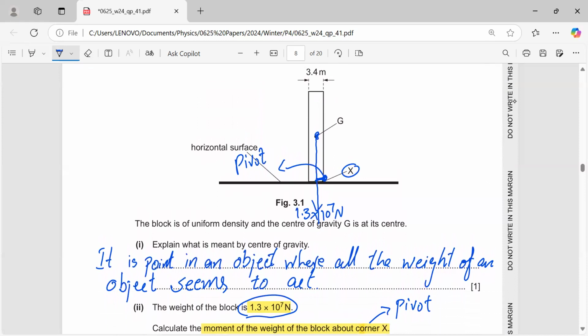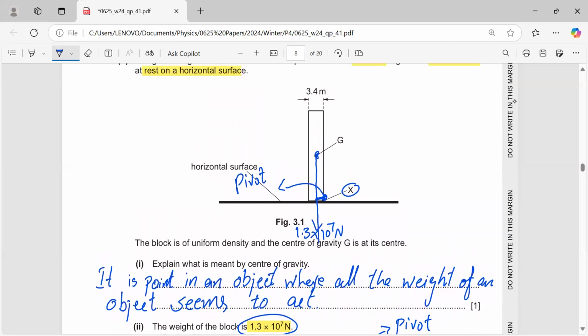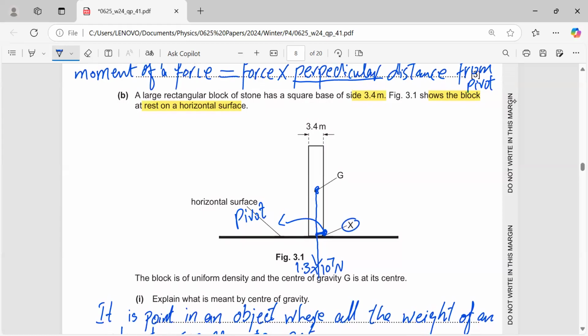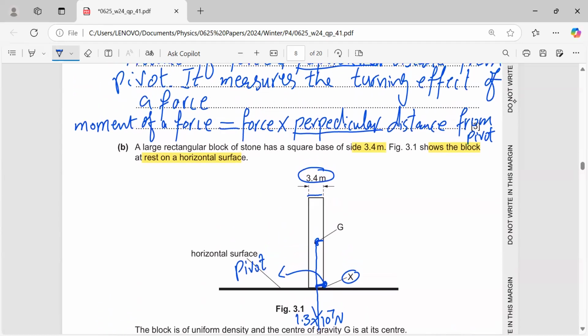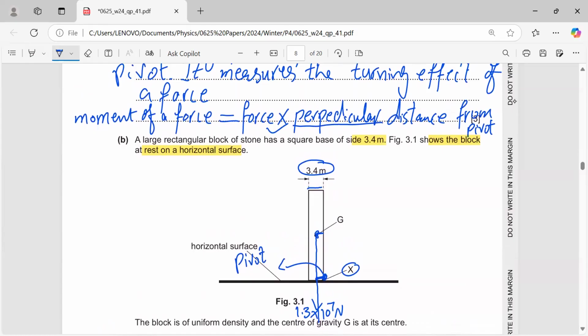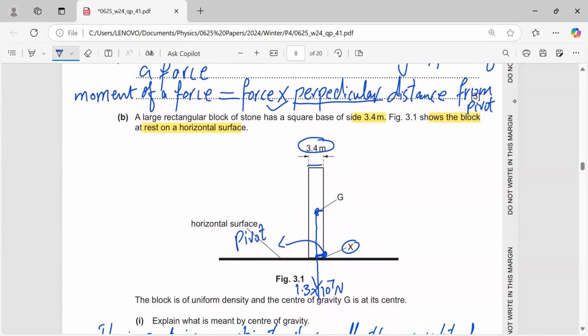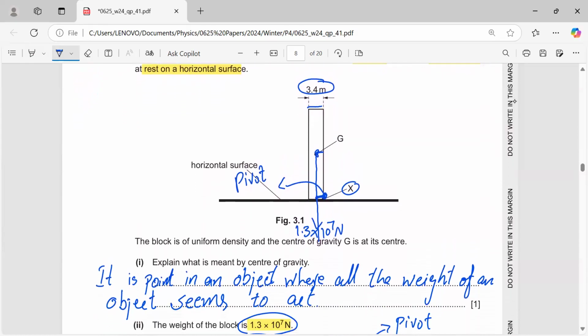The distance from here till here is what we actually need, but here they give us the total distance. So our first step will be to divide it by 2 to get half of this distance. Then we can use the formula, force into perpendicular distance. We will simply take the product of them and figure out the answer.